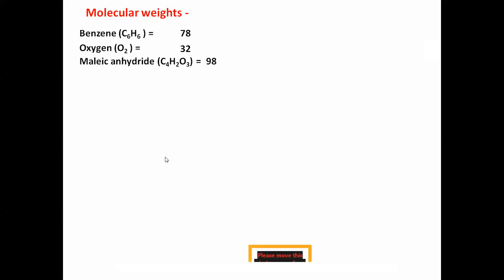So that is what 90. If you add them together, 12 into 4 is 48, plus 1 into 2 is 2, 50, plus oxygen 16 into 3 is 48, you will get 98. That is the molecular weight of the product, the molecular weight of maleic anhydride.